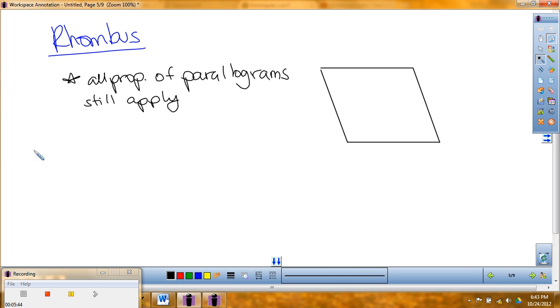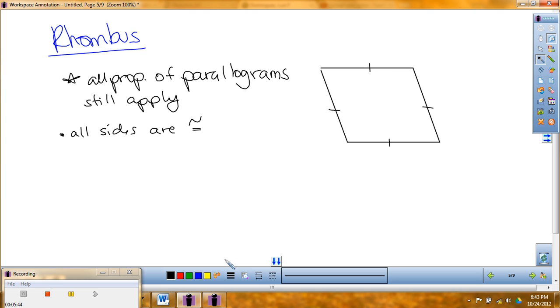And now we have an interesting combination of new properties just for the rhombus. We've already talked about how all sides are congruent: congruent, congruent, congruent, congruent. We knew this from today.